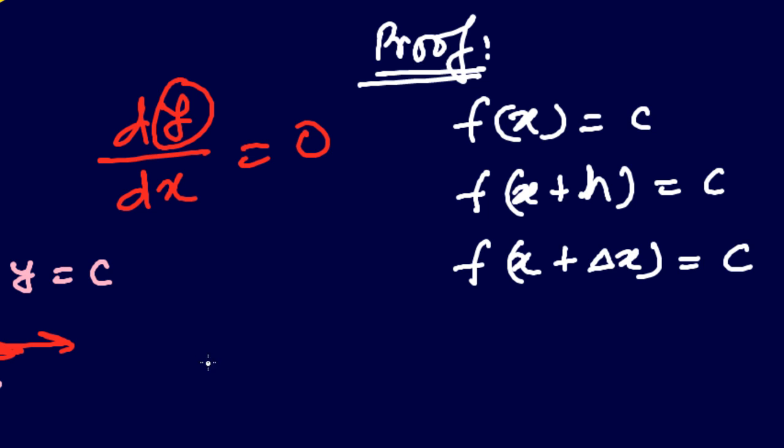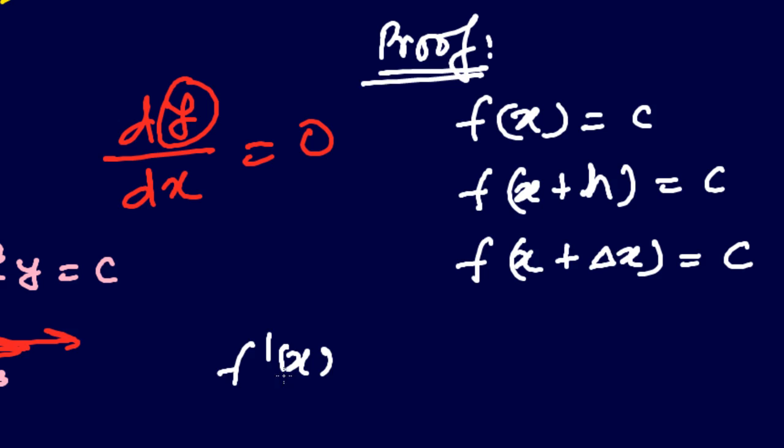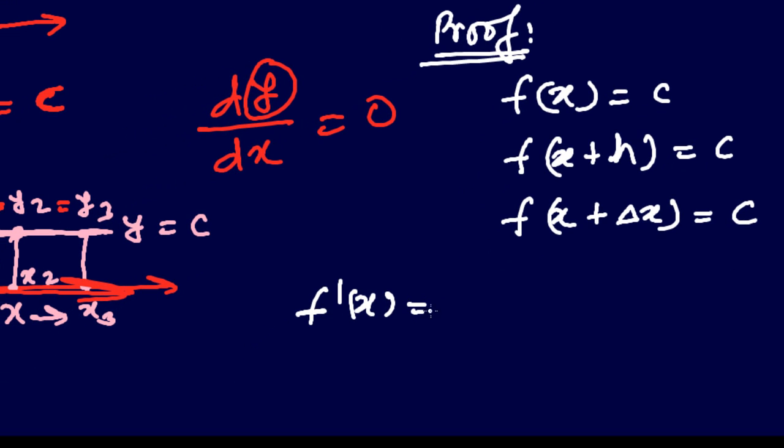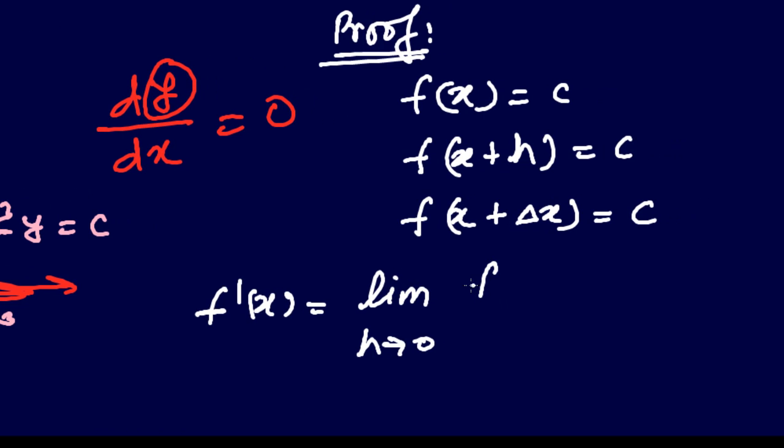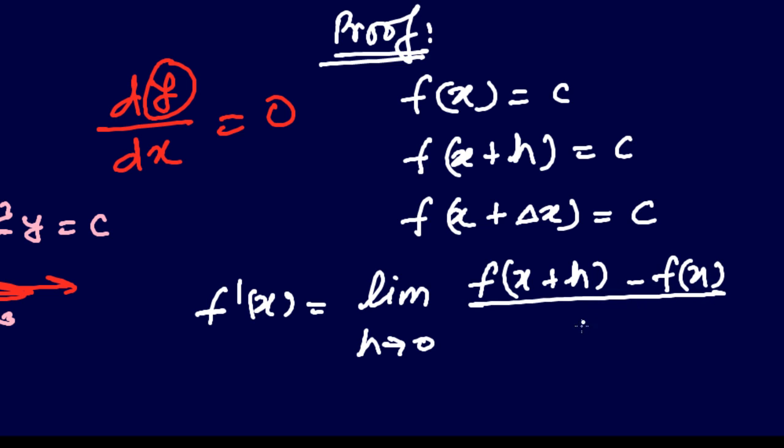Now, how have we defined the derivative of a function f of x? By the limit definition, it was the limit as h tends to 0. Some people also write delta x tends to 0, it's the same, don't get confused. f of x plus h minus f of x, divided by h.